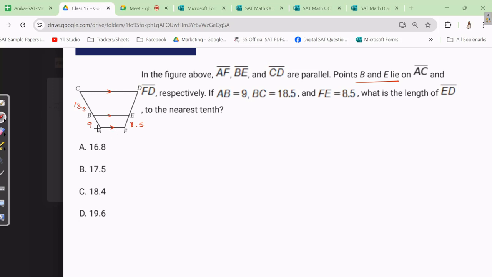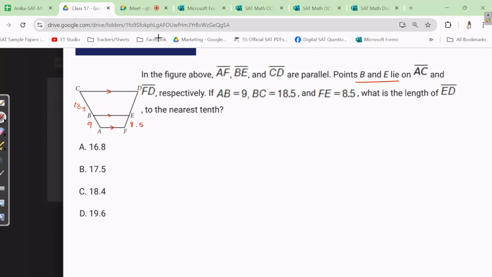Okay, so AF, BE, ED should be equal. Wait, if they're all parallel. Nearest tenth.